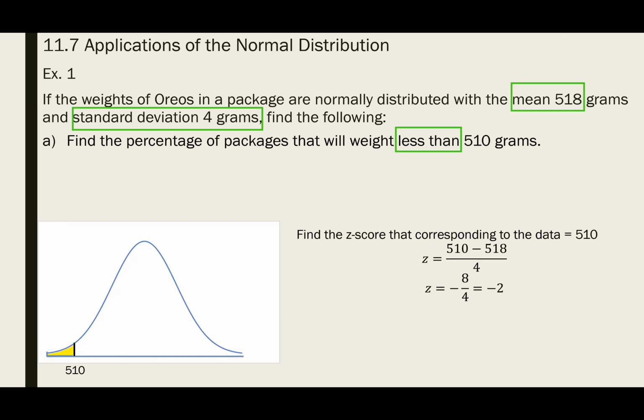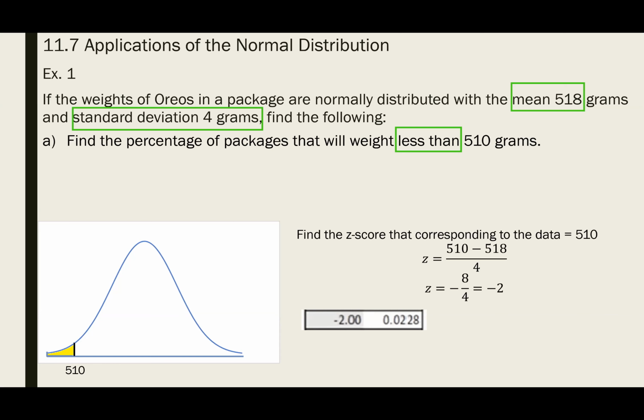And now we got it, ladies and gentlemen. We got the -2. And if you look at the table, I don't have the table in this slide, but if you were looking for your table, this is the -2 number, and the corresponding area is 0.0228. So is this your answer?